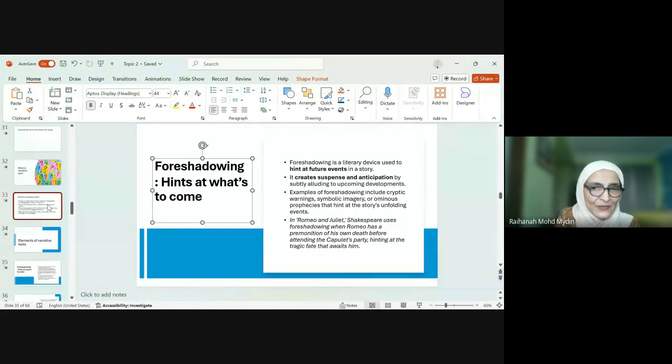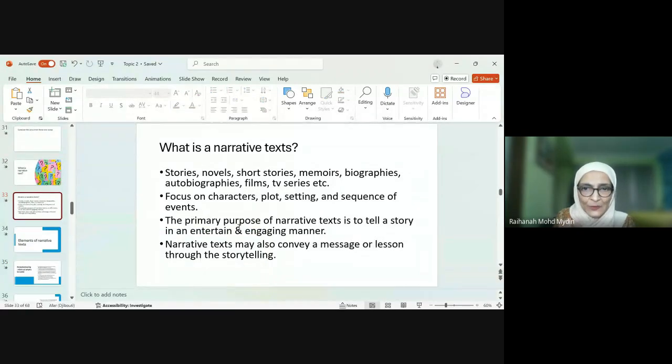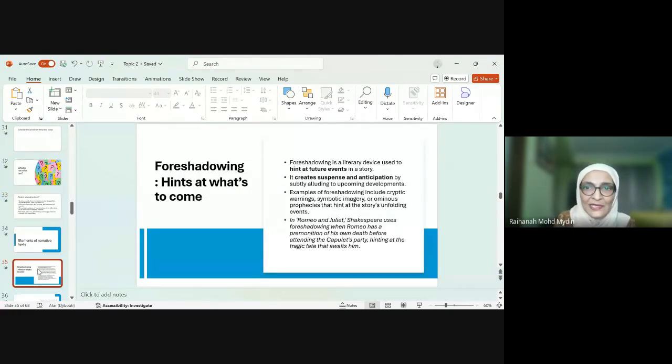It's actually flashback. When a text is told and the story starts from the end, and the rest of the story is presented in the form of flashback, not foreshadowing. I think there was a slip.